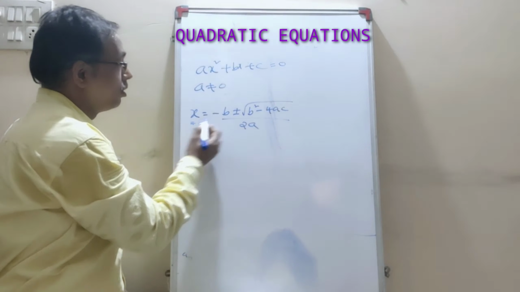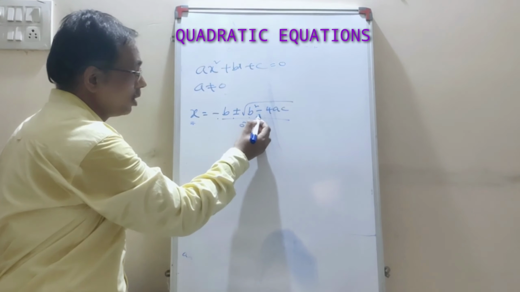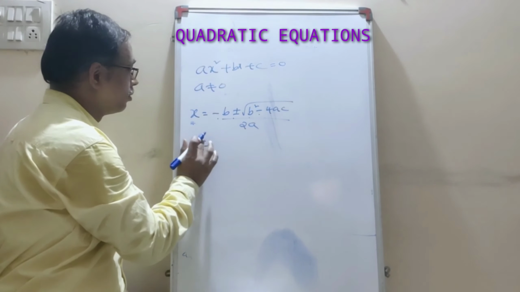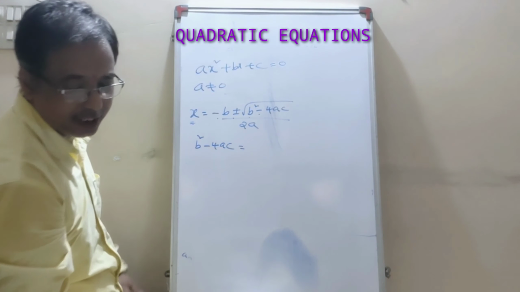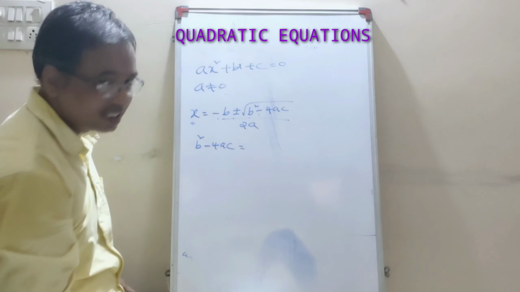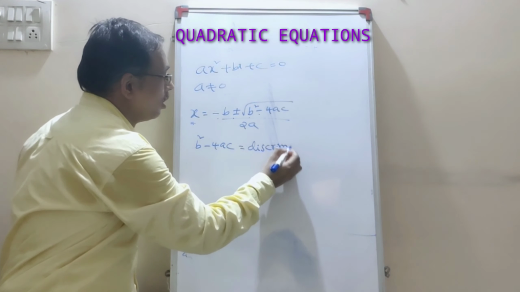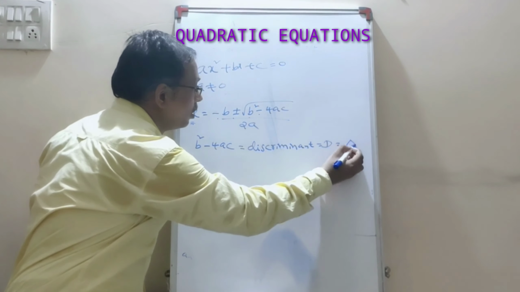And next, here b² − 4ac is an important one. This is known as the discriminant. It is generally denoted by capital D or delta.